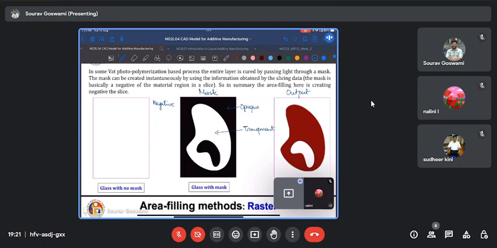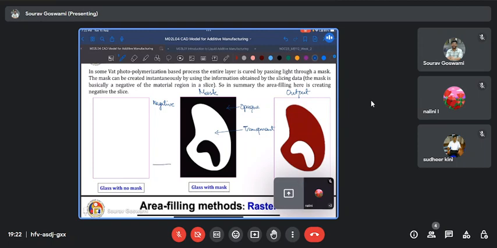However, one thing has to be kept in mind, which is that similar to optical lithography, the distance of this mask from the final surface where we are actually projecting it must be controlled optimally so that the final shape that we achieve is similar to the mask, because it will be subjected to diffraction of light.